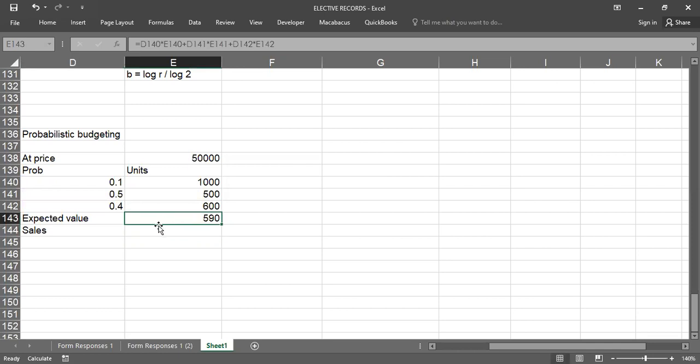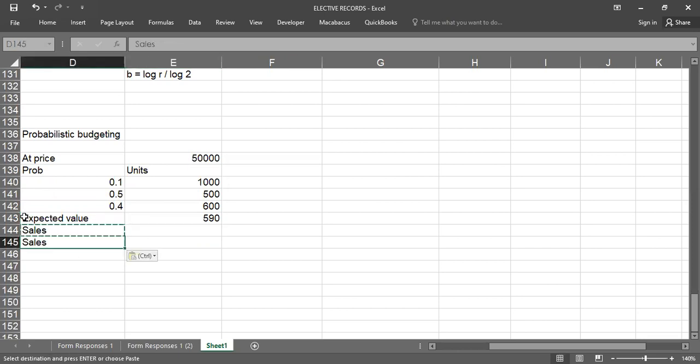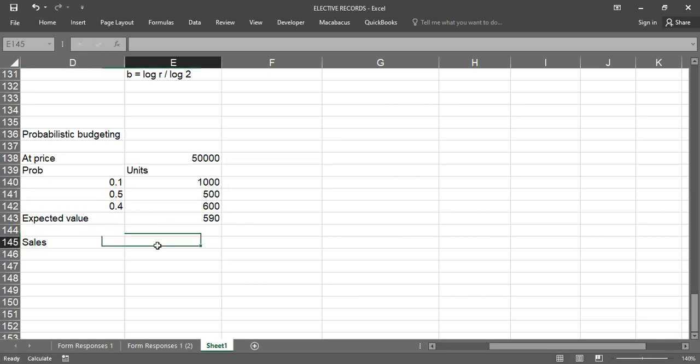So here the expected number of units sold is 590. Therefore, our sales revenue is given by the selling price, which is 50,000, times the expected sales in units, which is 590. So that's how we apply probabilistic budgeting and stuff like that. Shakira, have I answered your question?